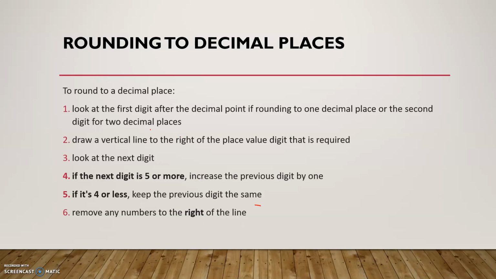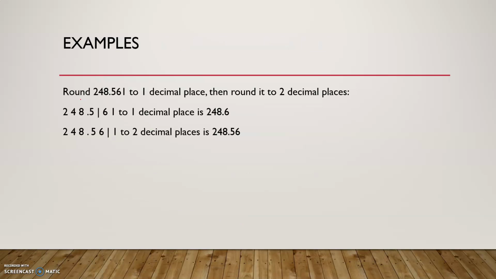So if we look at an example now, it says round 248.561 to one decimal place, then round it to two decimal places. So we need to work out one decimal place first, and then two decimal places. Now, 248.561 and one decimal place, so we're going to look at this number and then draw a vertical line to the right of the number.